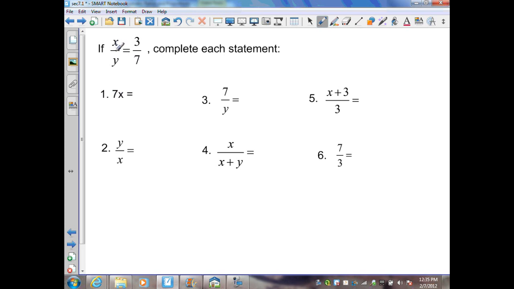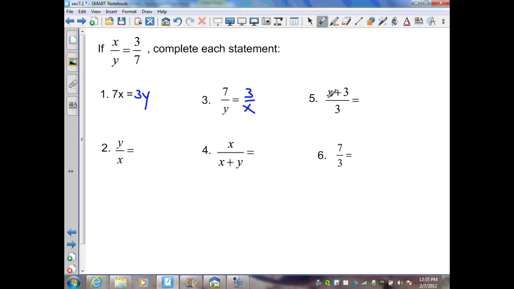Therefore, I need to follow the pattern and take y times 3, but I can write that as 3y. Number 3, 7 over y. 7 over y means the denominators will be put into a ratio, 7 over y. Therefore, I'll use the numerators, 3 over x. Just follow the pattern.